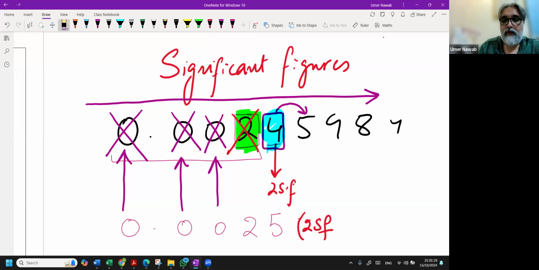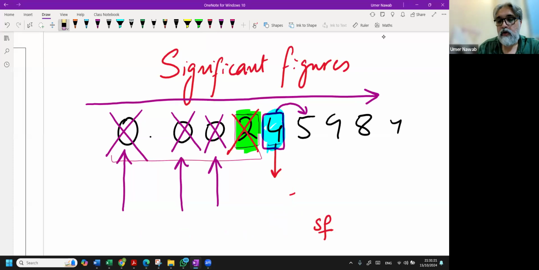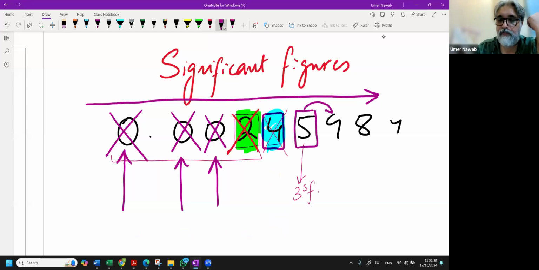In the same way, if I want to write this number to three significant figures, this 5 is located at the third significant figure. Again, I will look at what is written after 5. After 5, it is 9.